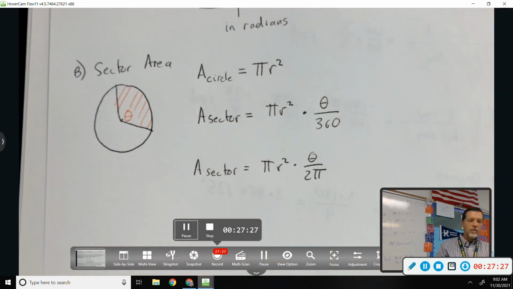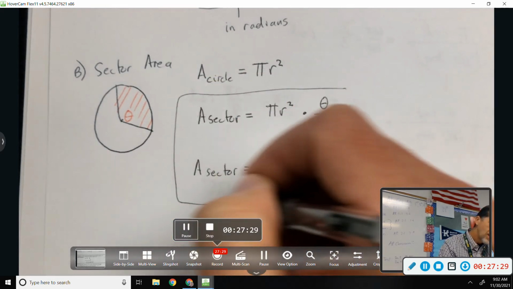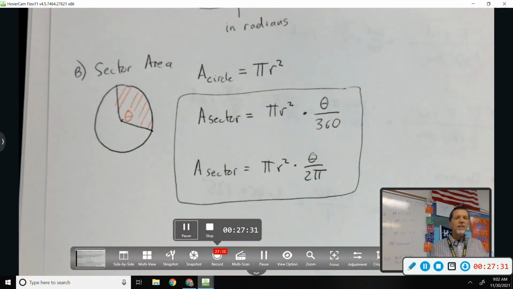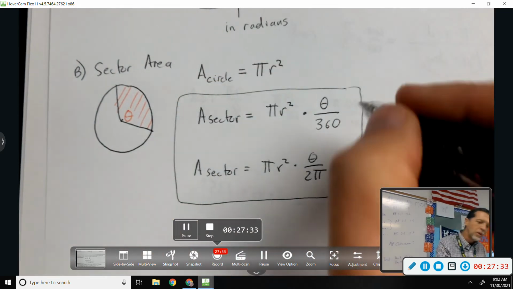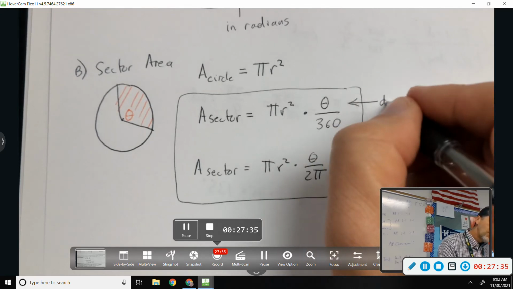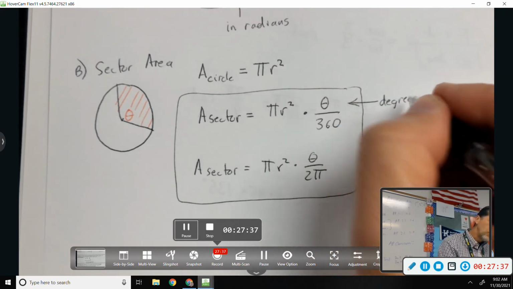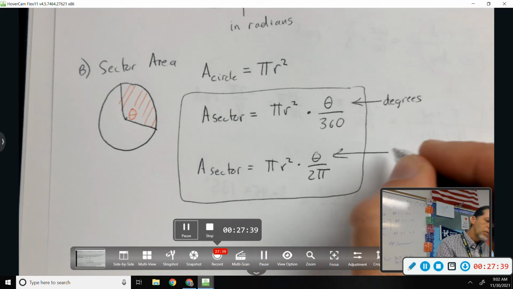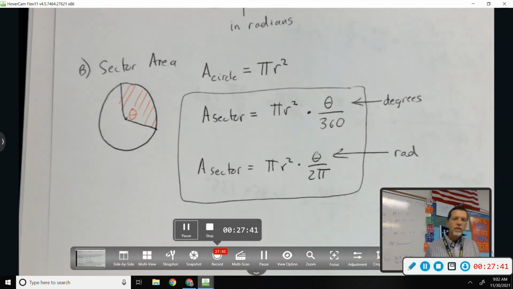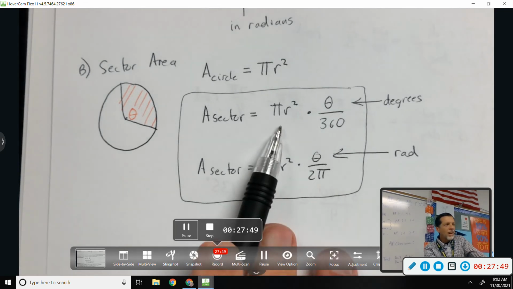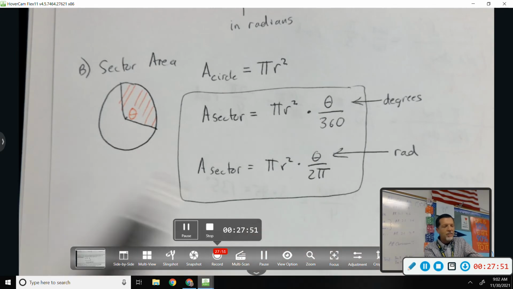So you can use either one, but it's clear which one you use, because if you're going to use the 360 one, you use degrees. If you're going to use the 2 pi one, you need to be in radians. So you start by finding the full area, and then you multiply by whatever the fraction is of the area you want to find.